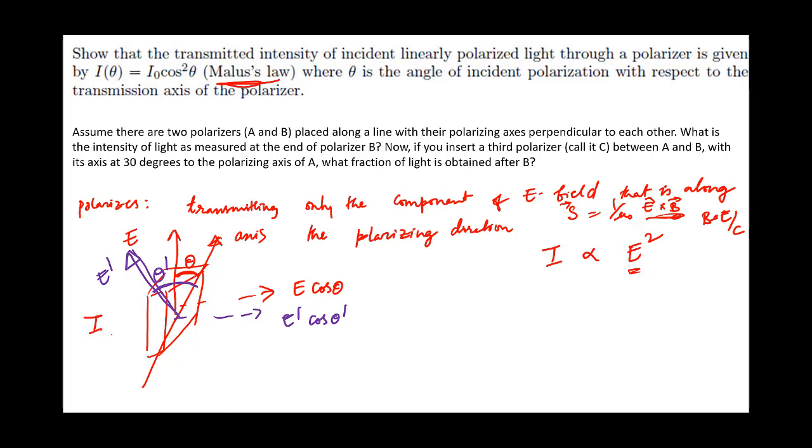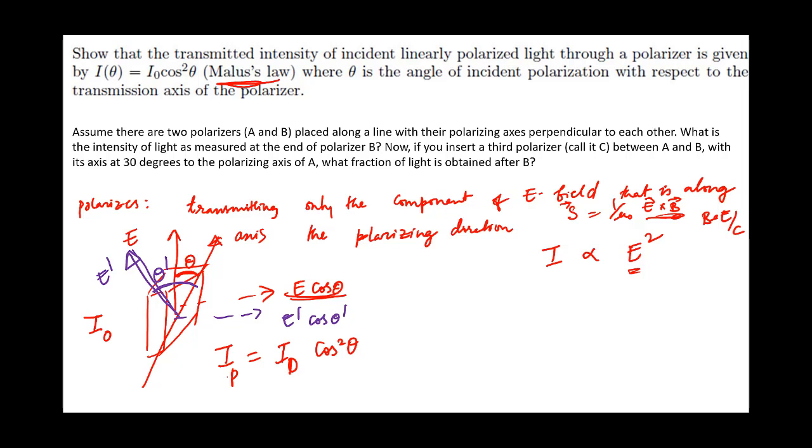So if I have an intensity of unpolarized light, I naught here, then the intensity of light coming out on this side would be, I have to square this electric field. So I would get I naught cosine square theta.